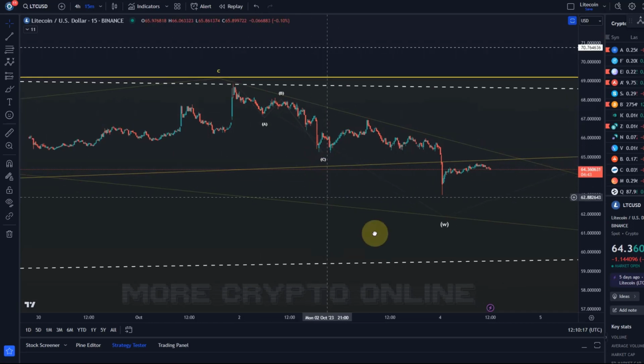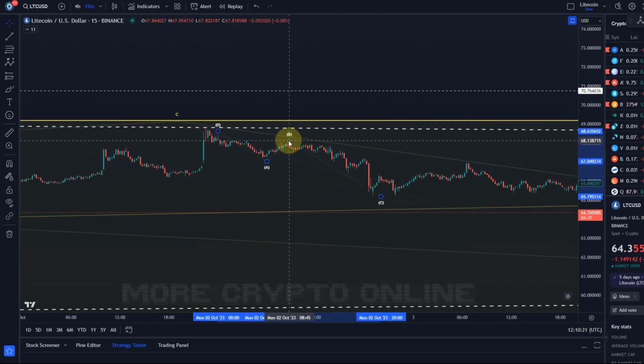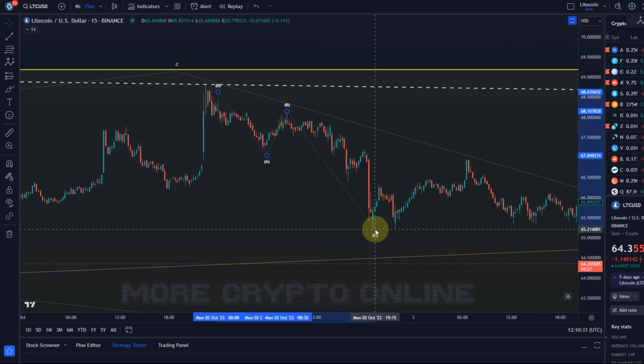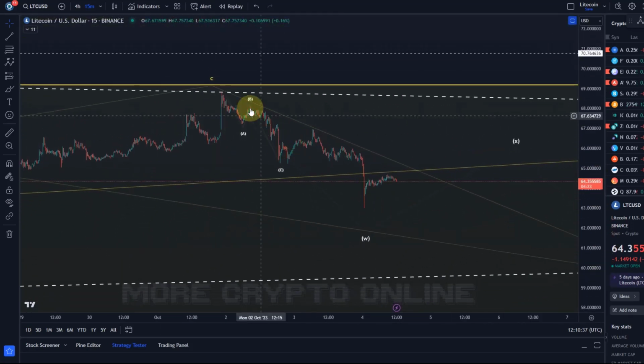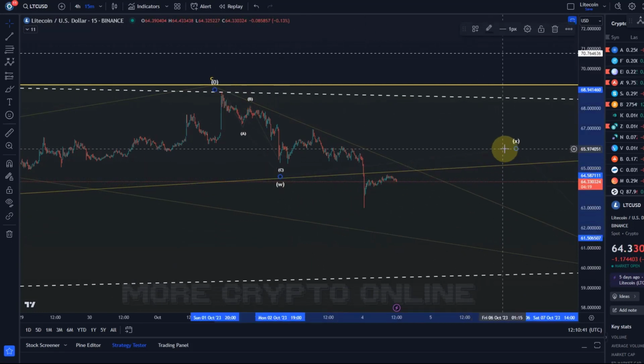One second, let me zoom in a bit. So I guess if this was B, 1, 2, then this looks like wave 3, 4, 5. So I think I would rather put the C wave here. That just fits the overall proportions better than the W wave here.